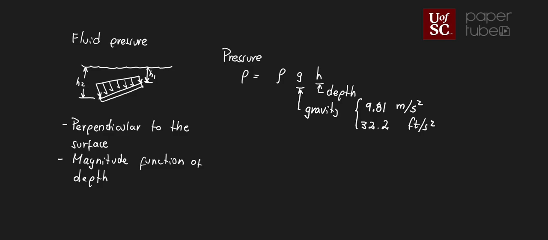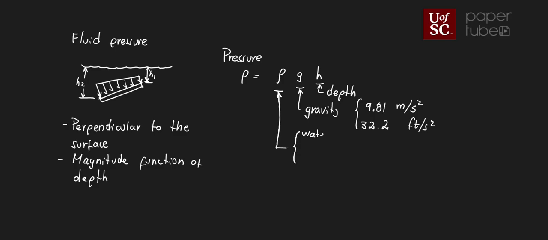And finally, what we have in this rho is the density of the fluid. In most cases in civil engineering, we're going to be looking at water, not always, but in most cases, especially when we're looking at water resources. So I'm going to tell you about water.